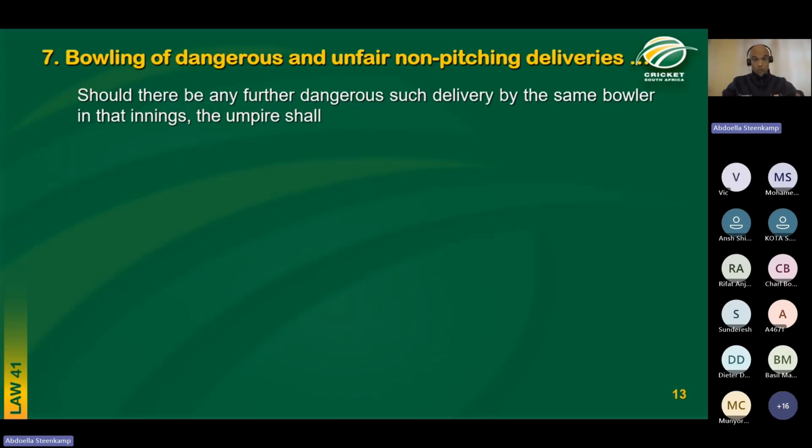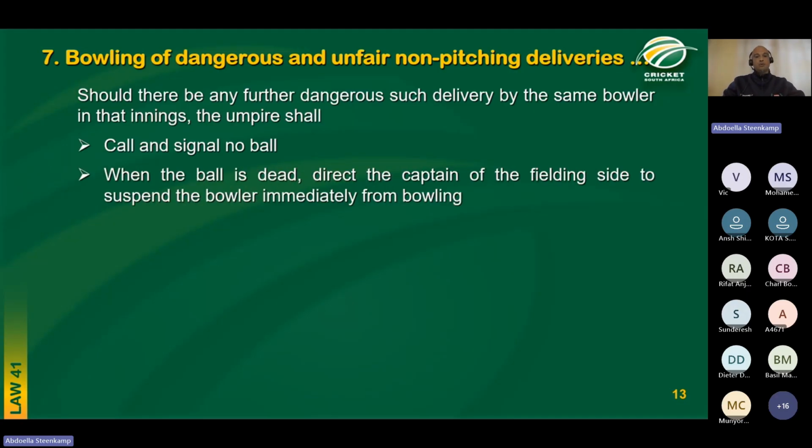Now, what you need to do, so the same bowler, after you've given him or her first and final, again bowls one above waist height. Again, a dangerous one because it was likely to inflict physical injury to the striker. So now you'll call and signal no ball. Now you need to call the fielding captain over and tell the fielding captain, Captain, you need to suspend this bowler immediately from bowling.